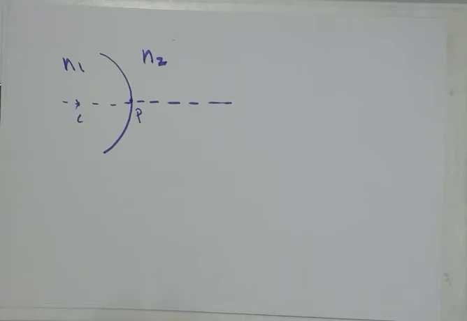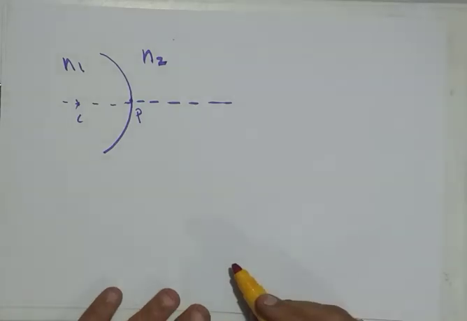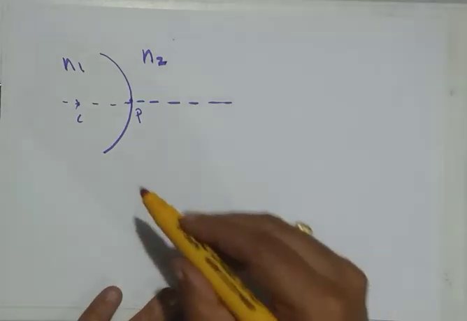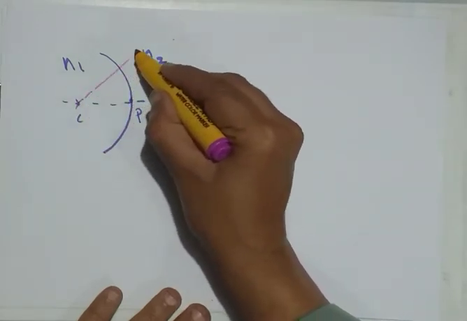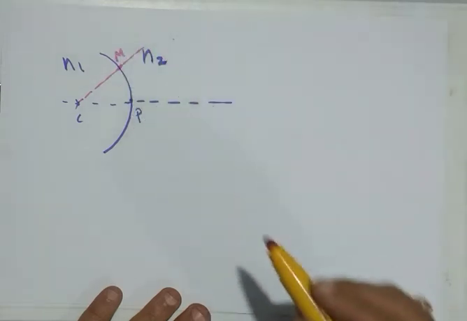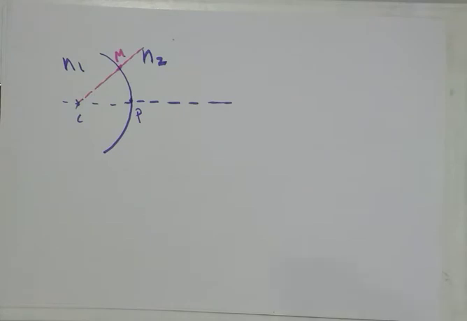Again, in this type of refraction through curved surfaces, the normal, as you can remember from mirrors, is a radial line starting from the center of curvature to a point on the surface of separation. This acts as a normal at M. Therefore, in case of curved surfaces, the normal is nothing but the radial line joined from the center to any point on the surface. As we have written here, it is CM.